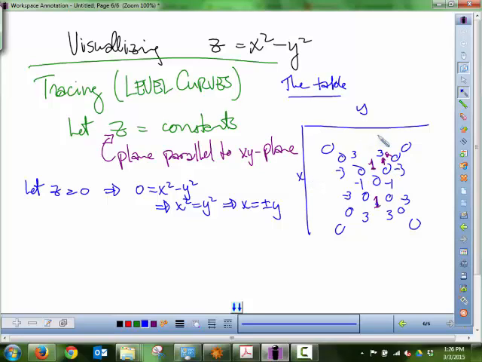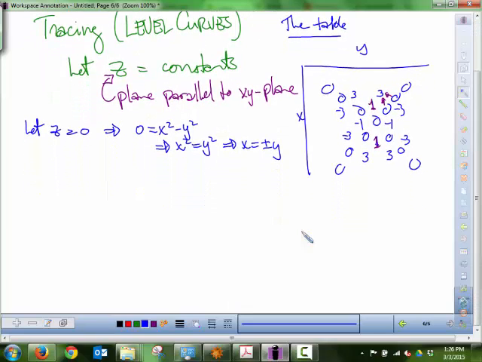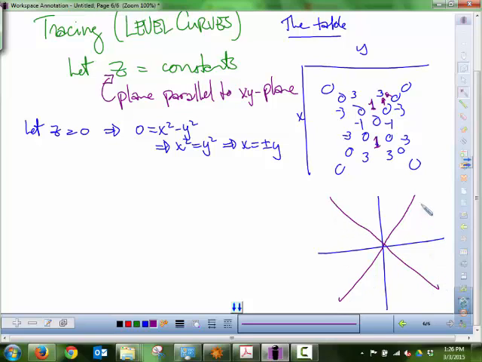And then remember what the graph of that looked like. It was just an x, right? It's y is equal to x, y is equal to negative x. So those are just two lines that cross at the origin, and that's your level curve z is equal to 0.